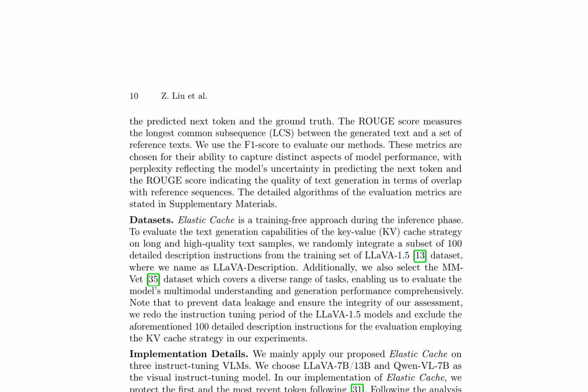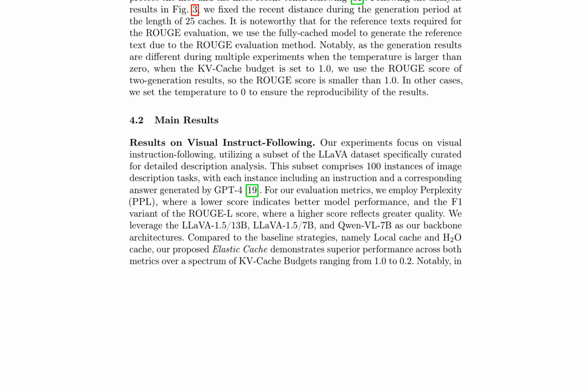Experiments are conducted on two datasets: LLaVA description, a subset of 100 detailed description instructions from the LLaVA 1.5 training set, and MM-Vet, a dataset covering a diverse range of tasks to evaluate multimodal understanding and generation performance. To prevent data leakage, the instruction tuning period of the LLaVA 1.5 models is redone, and the 100 detailed description instructions are excluded from the evaluation.